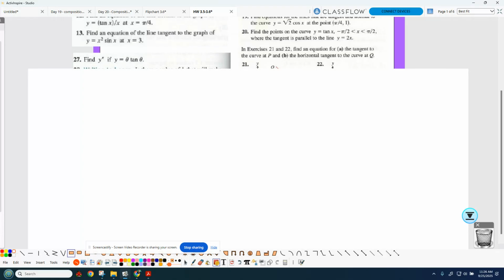It's gross. But that ends up being secant squared tangent twice, plus those guys.